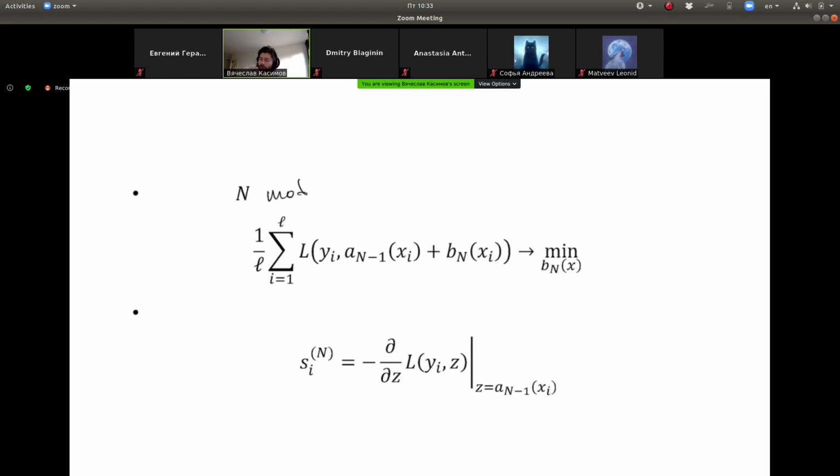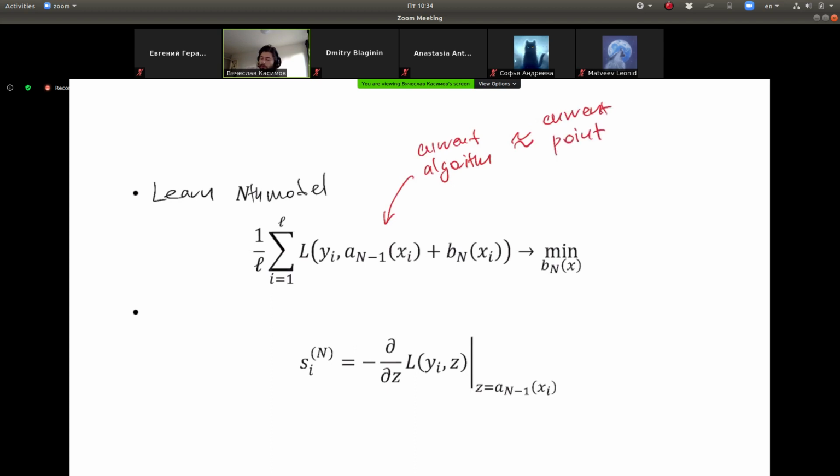So again, we would like to explore our model, and let's use the intuition developed from gradient descent. This guy is our current algorithm, our current point.